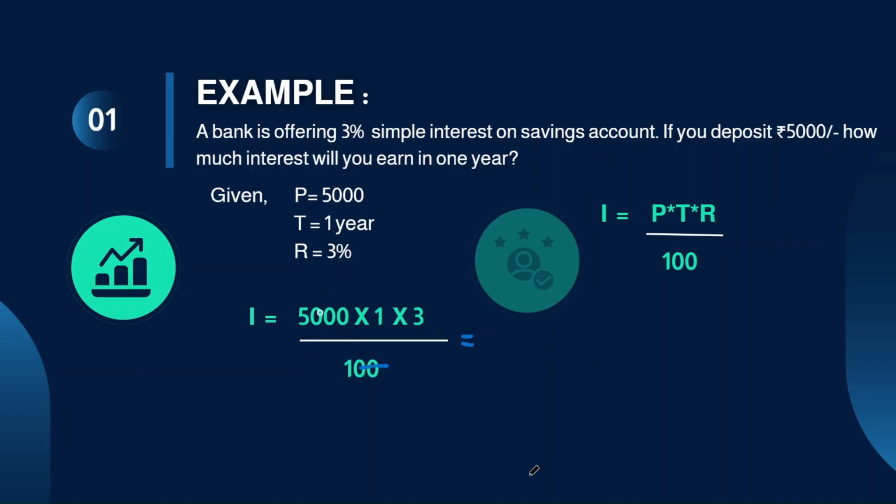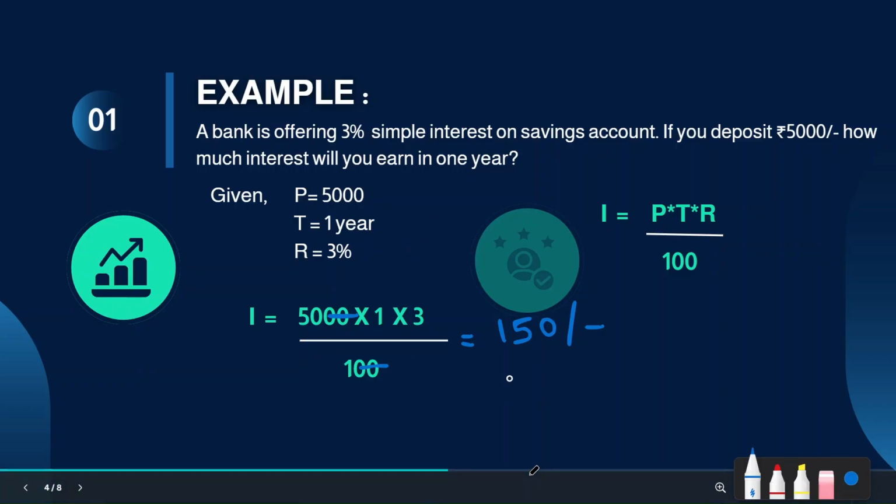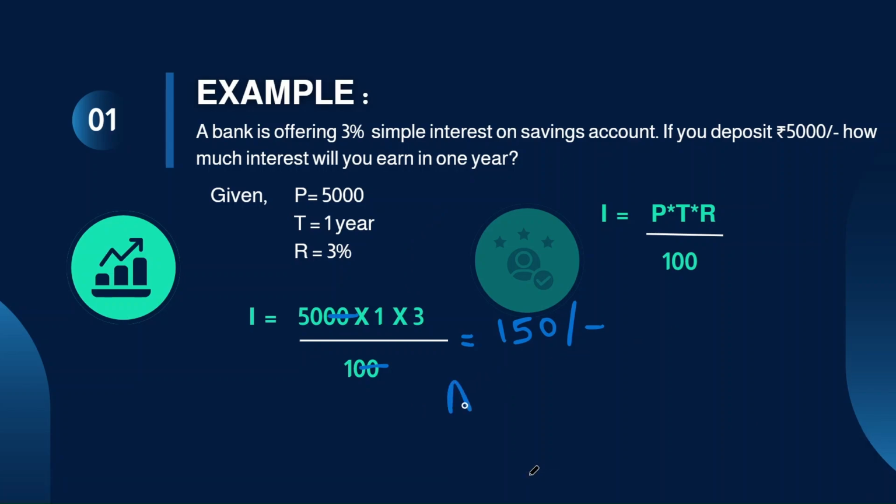These two zeros will get cancelled. 5 threes are 15 and this 0. So 150 is the interest for 5,000 at 3% for 1 year. In 1 year, that 5,000 plus that amount will become principal plus interest.